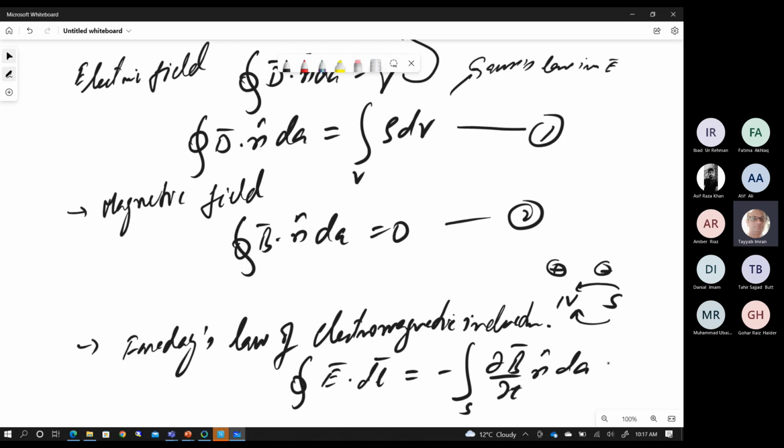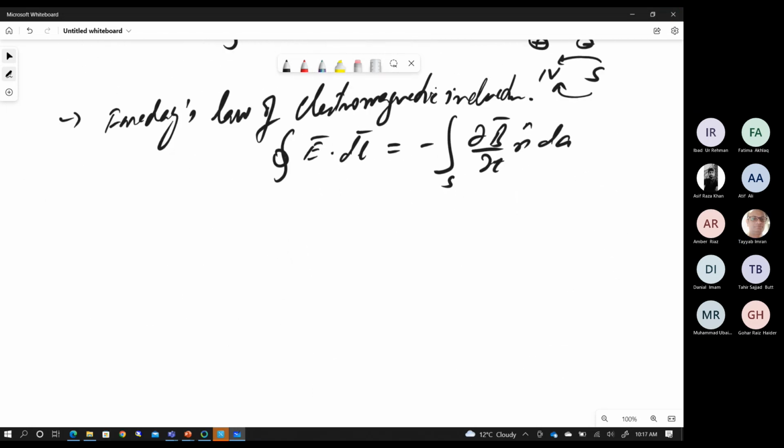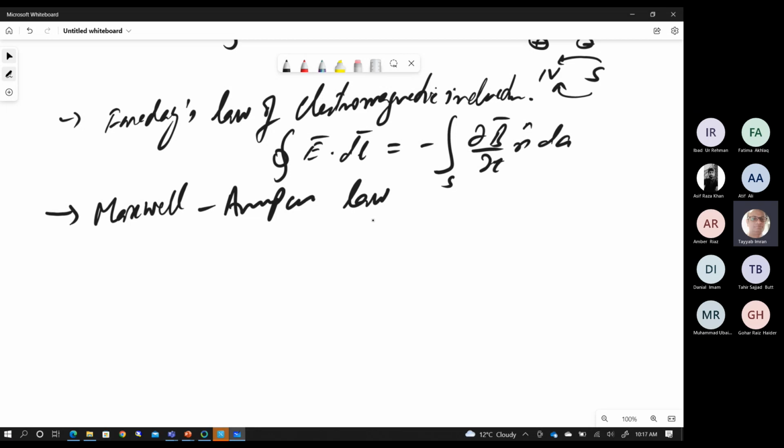And we already discussed the Maxwell-Ampere law. That is a modification of Ampere's law by Maxwell.